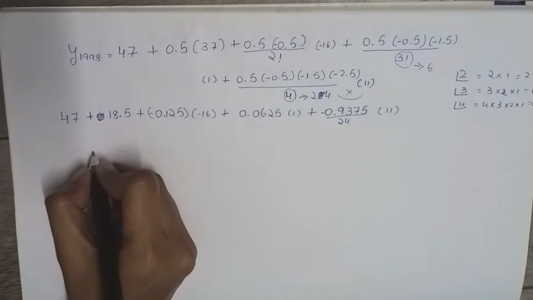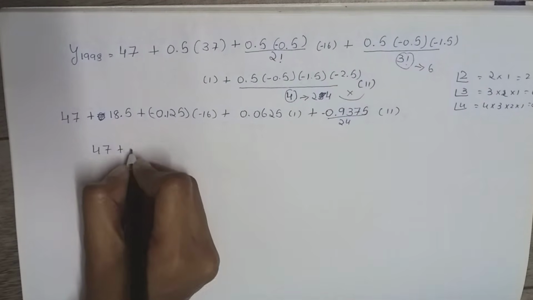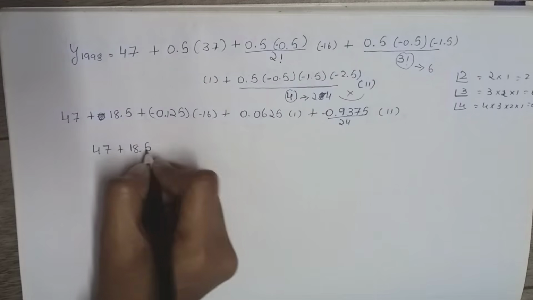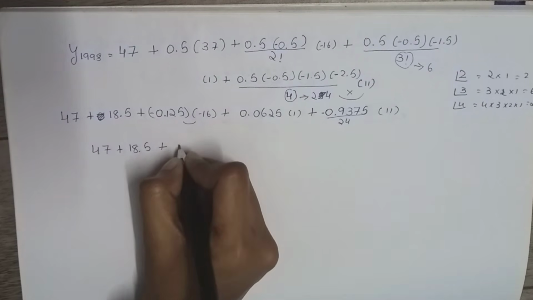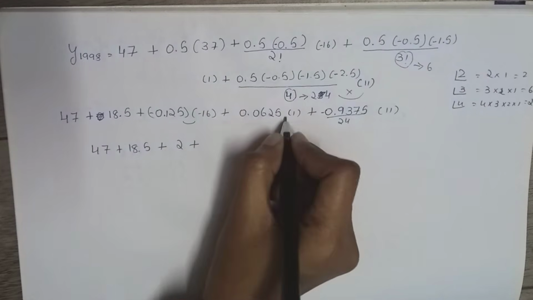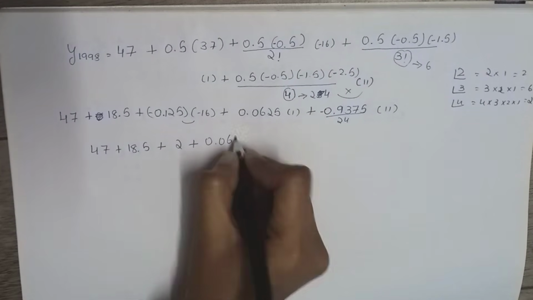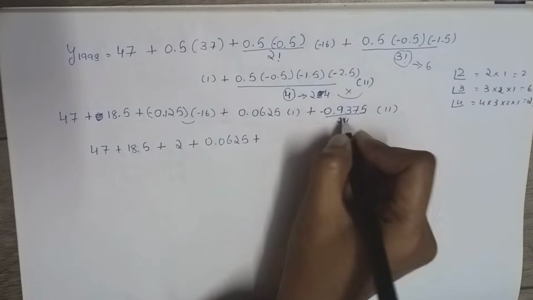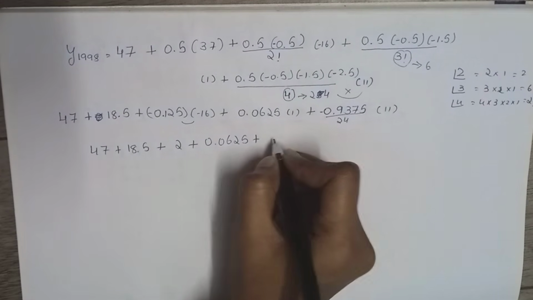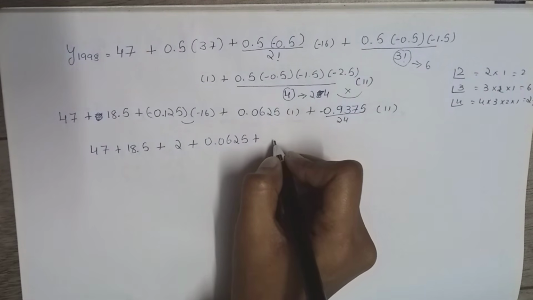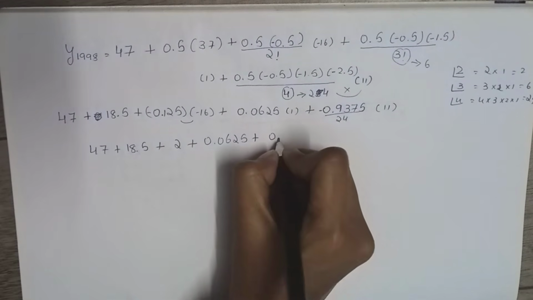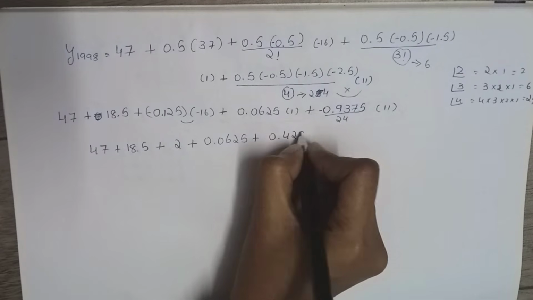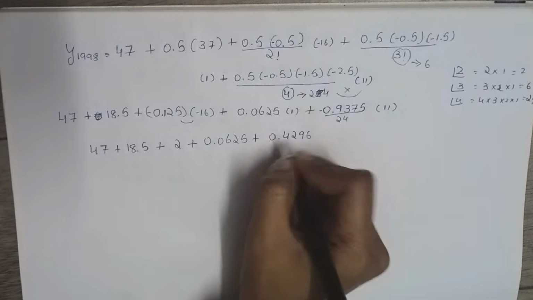So we'll write 47 as it is. Then what we need not multiply, we'll write as it is. If you multiply this, you'll get 2. Then if you divide this by 24, you'll get the answer, and even if you multiply it with 11, the total answer will be 0.4296.